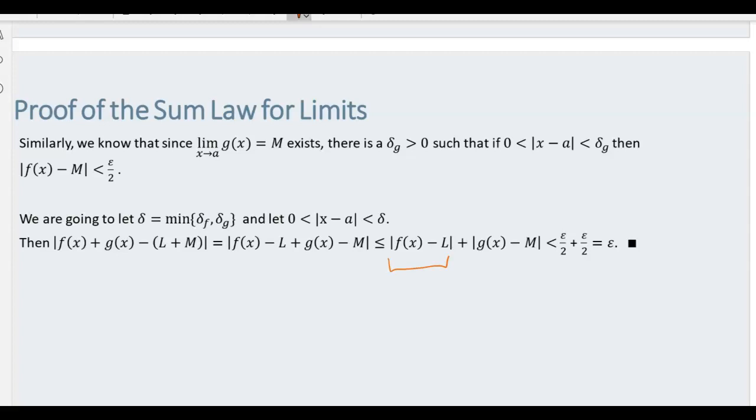This one is less than epsilon over 2, this one is also less than epsilon over 2, and so together they combine to be less than epsilon. Again, we always need to have the formal proof that when we choose x within a particular neighborhood, the output values are going to be within this neighborhood of epsilon.